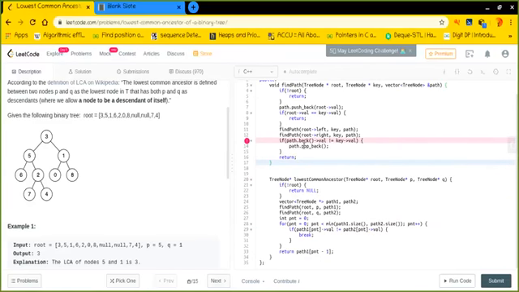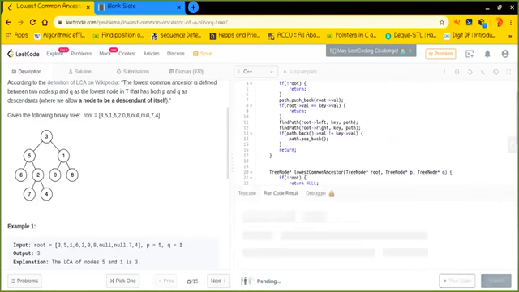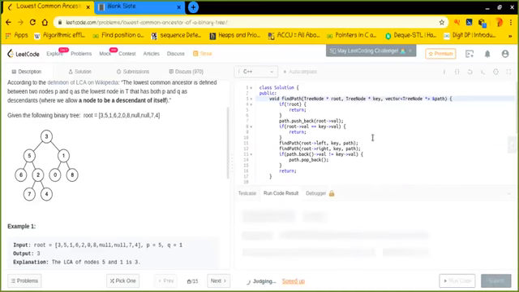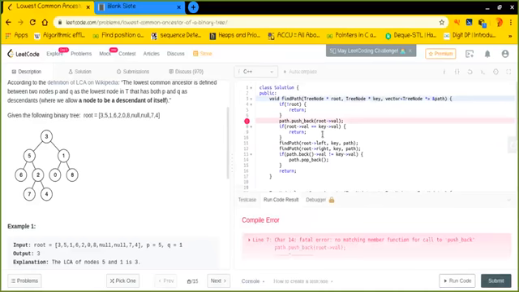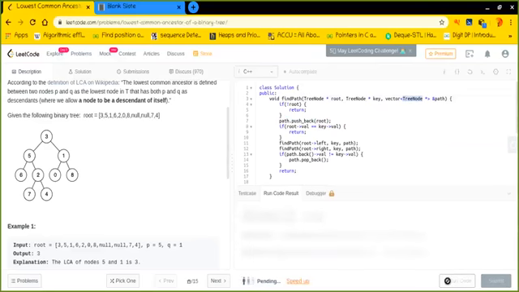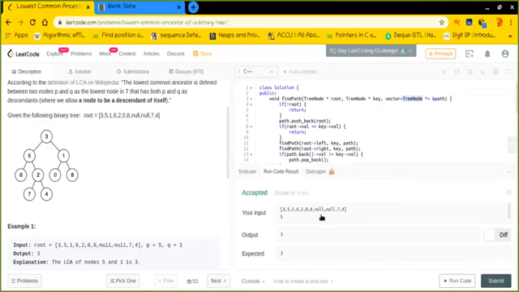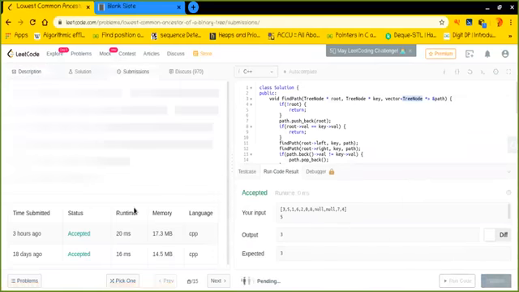If back value is... okay, I'm sorry. It should be TreeNode star, just to get the actual thing. Okay, there is one more thing. See, this is one mistake. I'm sorry. I'm actually taking the node, but I was actually inserting the value. That's my fault, clearly. So it says that it is accepted. Now just submit it to see whether it is working or not, and it worked.